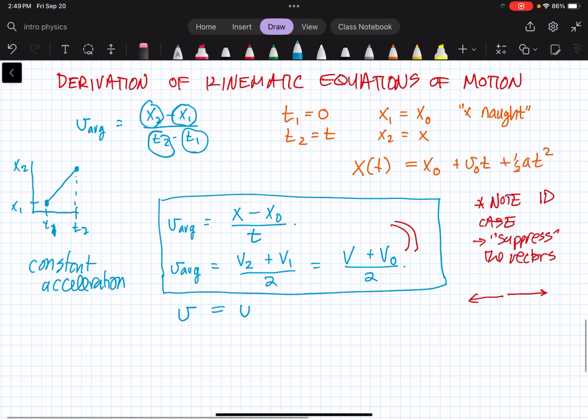That is, we start with some initial velocity, and every second we boost it by that acceleration times time. These are the three equations from which we can derive all three of those kinematic equations of motion. You may want to pause this video to make sure you get this all down. I'm going to move on though, to the actual derivations.